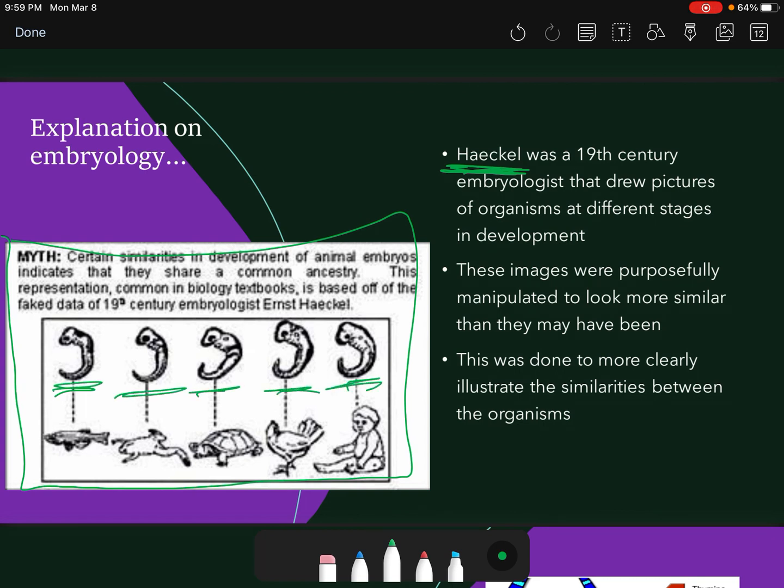As you can see here, here, here, here, and here, these would be images that Haeckel drew. These images were purposefully manipulated to look more similar than they may actually be.